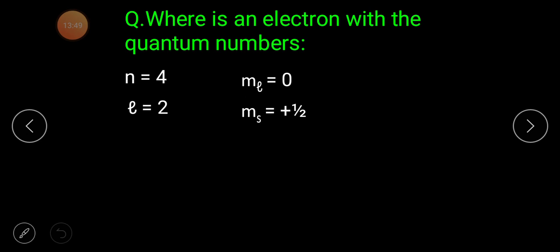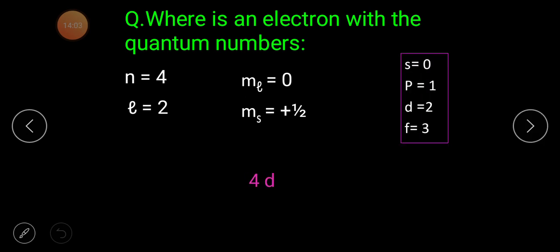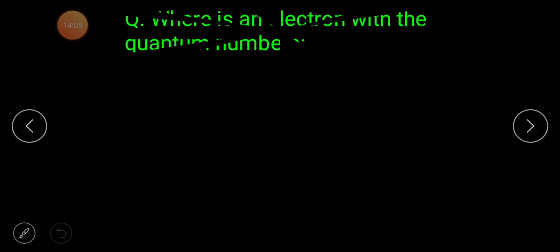For a d orbital we have five ml values, from +2 to -2, and 0 is among them, and ms is plus half. So the electron must be in a 4d orbital.